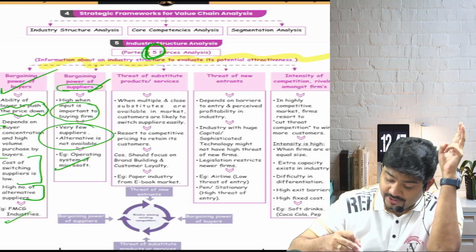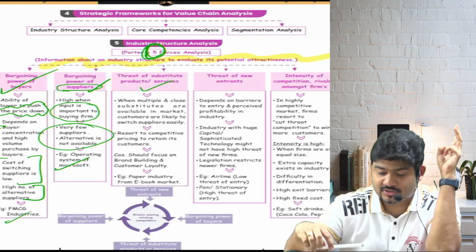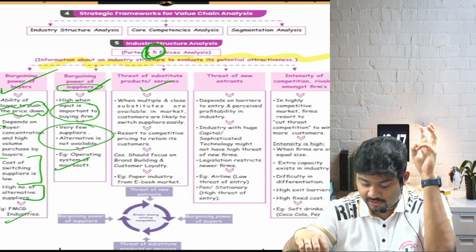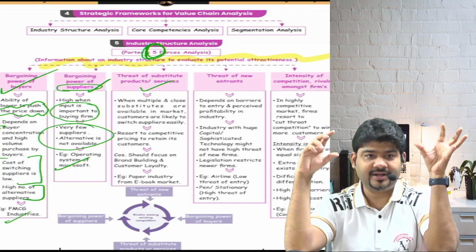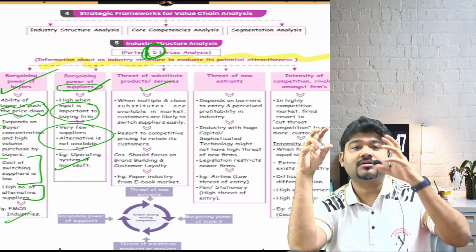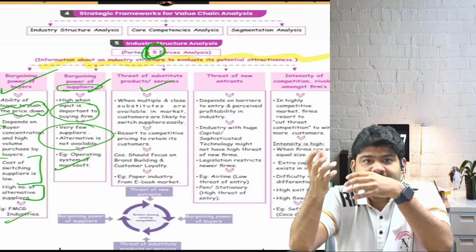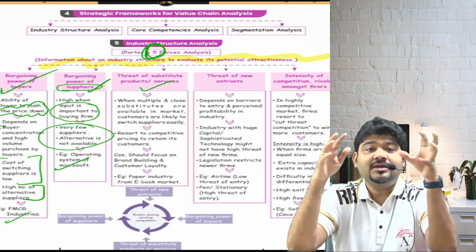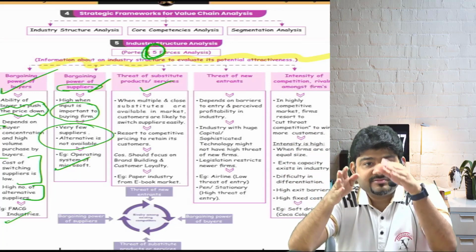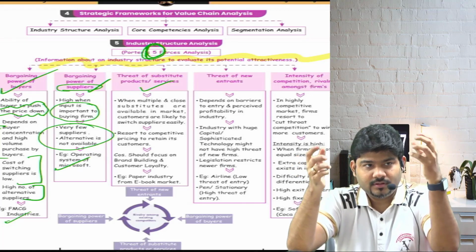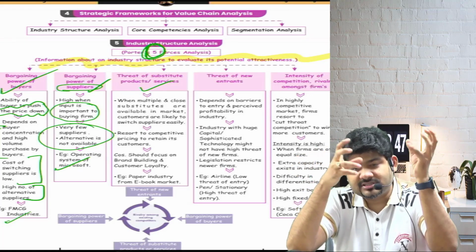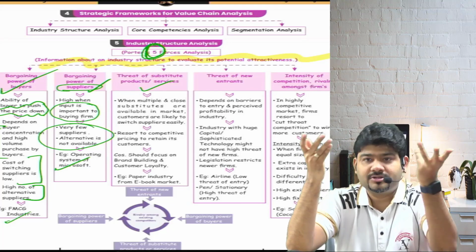Third is threat of substitute products or services. Now the paper market has a threat of a substitute, that it may get substituted by the e-market. Papers will be replaced by, for example, Kindle. Kindle is what? The same book is available on technology.